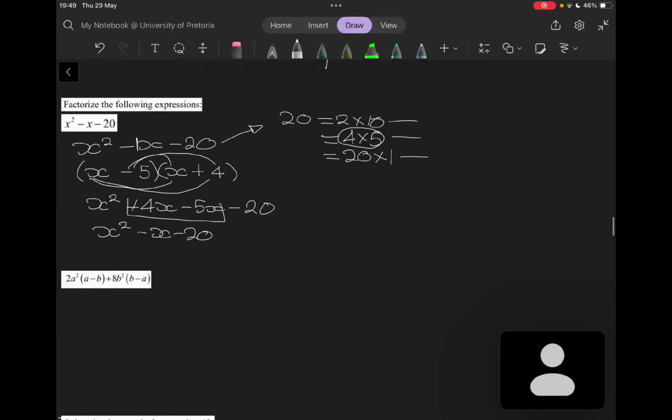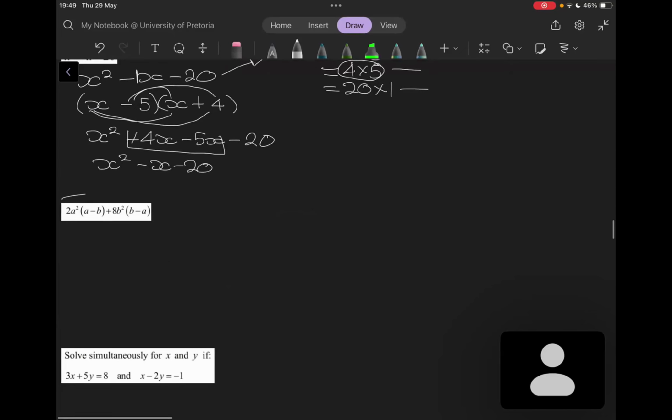Cool. In this one over here, which is 2a squared times (a minus b) plus 8b squared times (b minus a), we would still have to factorize, or at least try to simplify the expression as far as possible. How do we do that?